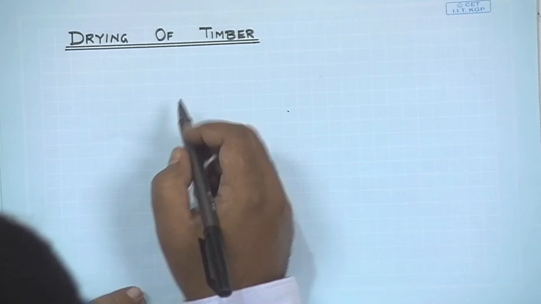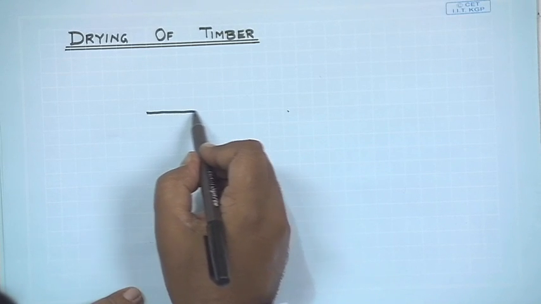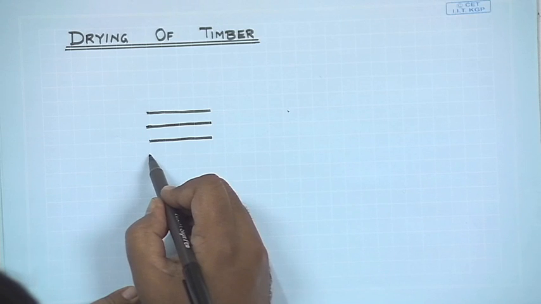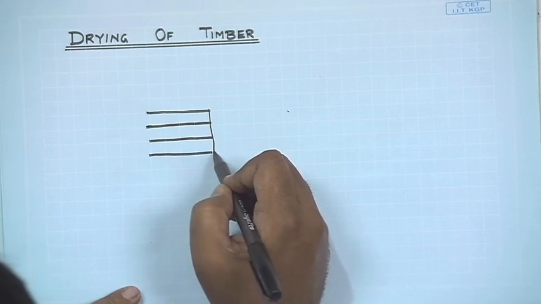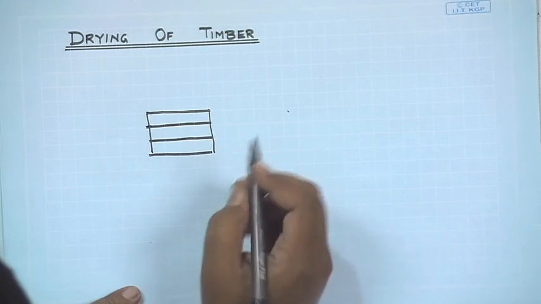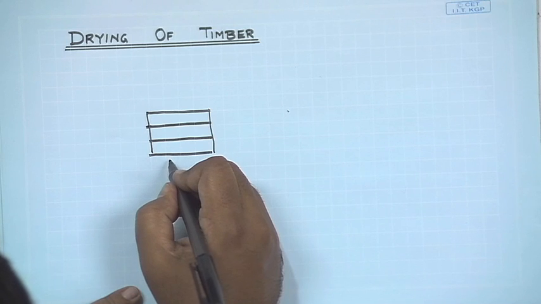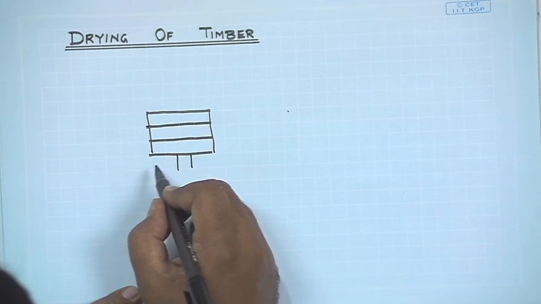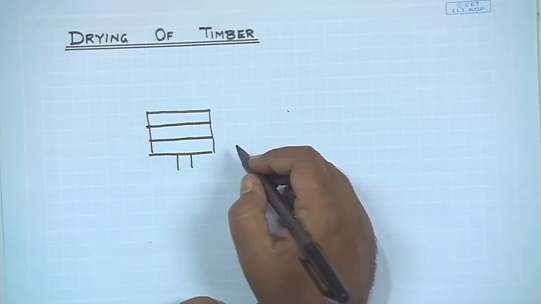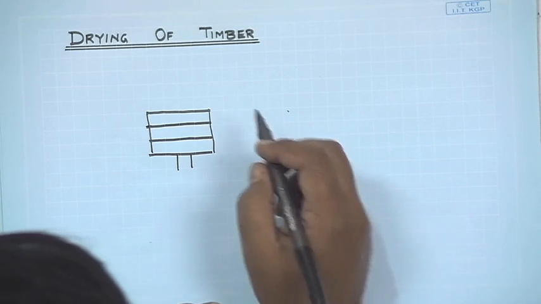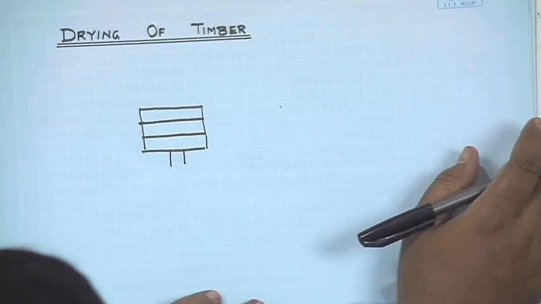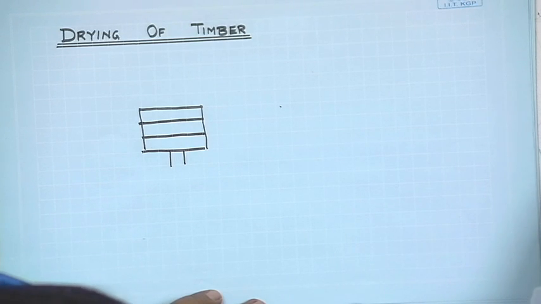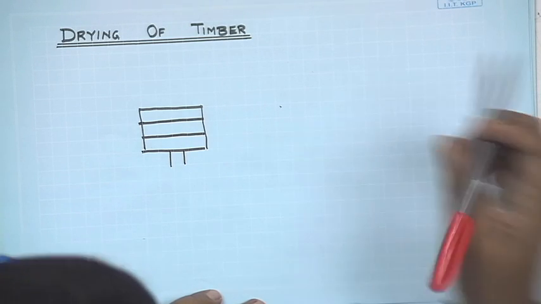Let us consider a stack of timber like this. This is pictorially represented in a very simple manner, and let us say this is my stack of timber which needs to be dried. I am going to use a vapor compression cycle once more, so let me draw that again.